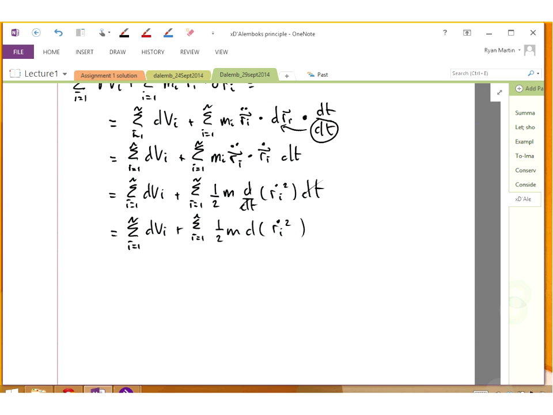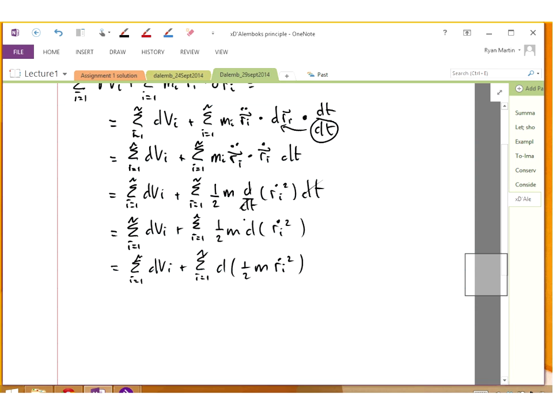And the differential of r_i dot squared is unchanged if I multiply it by a half m, so I can bring the half m inside. So the sum i equals 1 to n dV_i plus the sum i equals 1 to n of d of half m r_i dot squared.